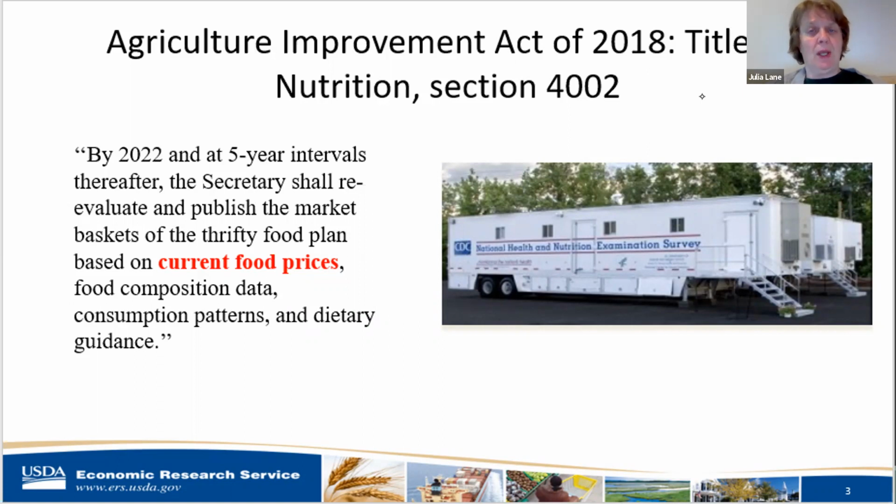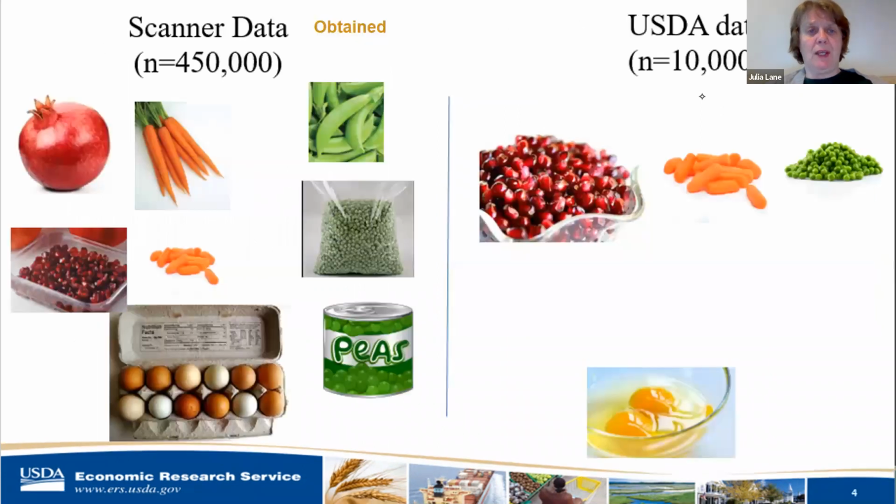Now, here's the challenge that the scientists face. So the scanner data captures information in a variety of different ways. You have loose products like a pomegranate, a bunch of carrots, peas. And what they need to be able to do is they need to be able to take the information on the left-hand side.